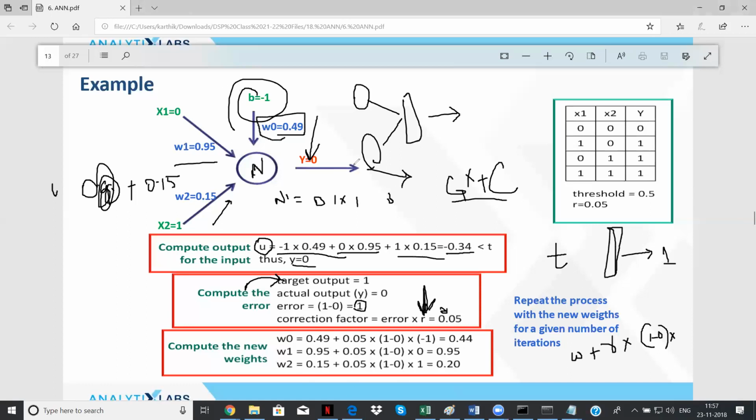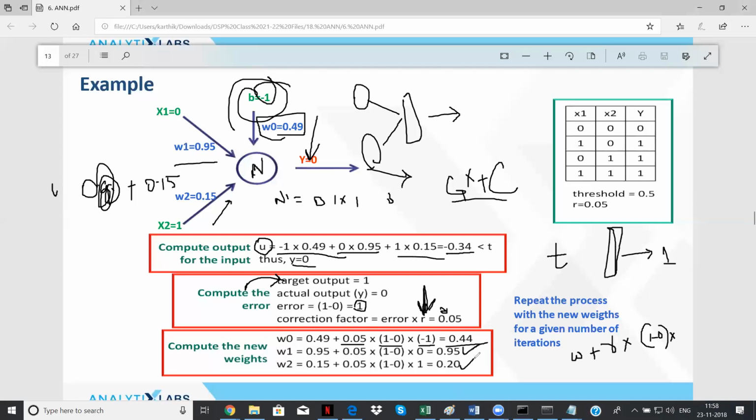So 0.49 plus 0.5, which is your learning rate, into error into minus 1, which is your input. Yes, your weight is 0.44 now. Your W1 is 0.95 and W2 is 0.20, which has now changed, right? Again, you'll go for an iteration process. Once you get into an iteration, let's say again my y is getting 0.